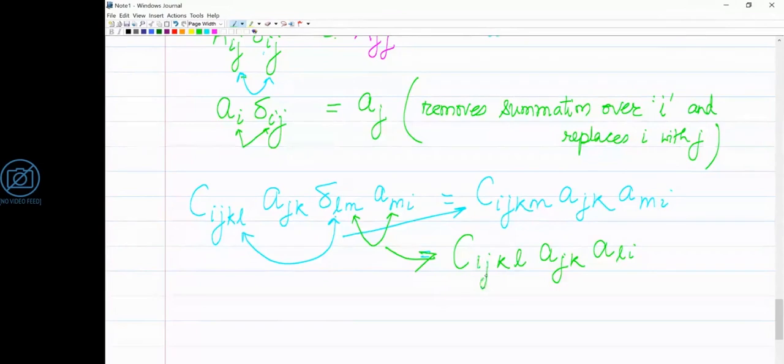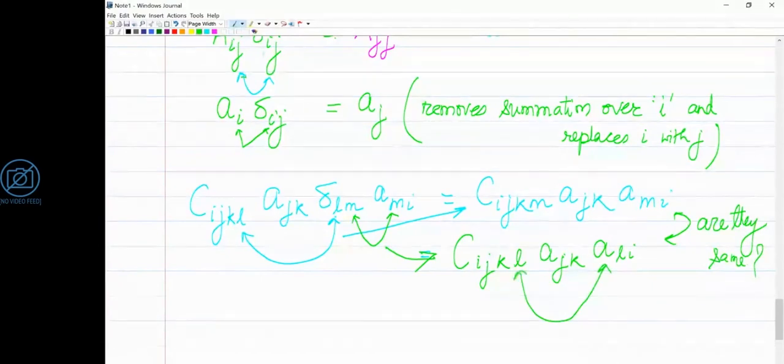Now, we did it in two ways, but are these two the same? What do you think? Are they the same? So what is the difference? The difference is in just this index l. Here you have summation over l, and here you have summation over m. But as I told you, repeating indices are dummy indices.